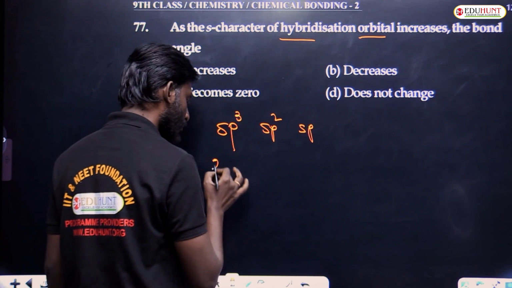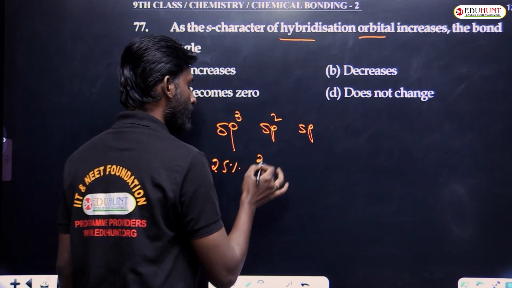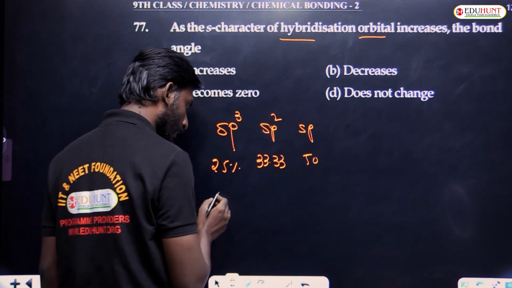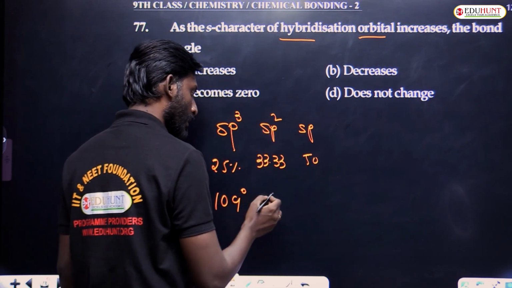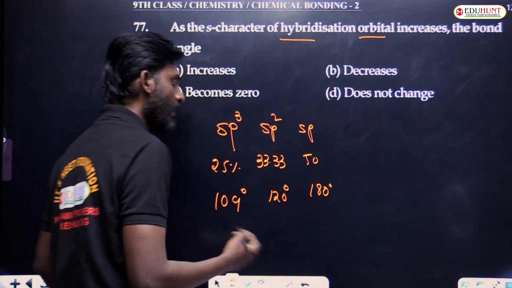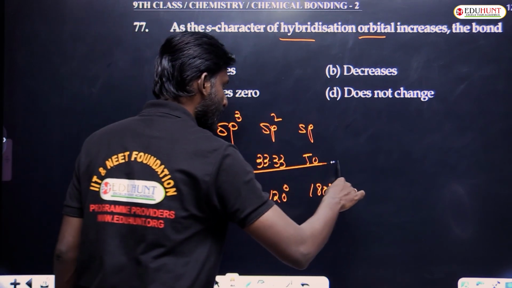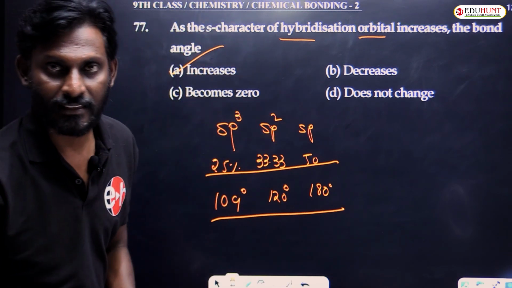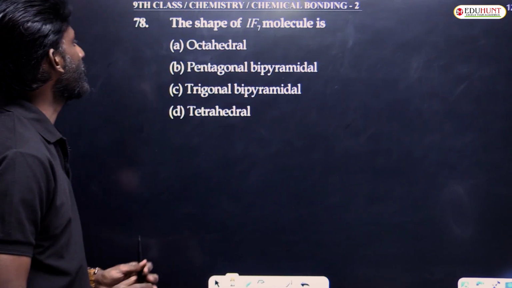Here S character is 25%, here 33.33%, here 50%, and the bond angles are 109 degrees, here 120 degrees, here 180 degrees. So it means that as the S character increases, bond angle also increases. Okay? Yes.